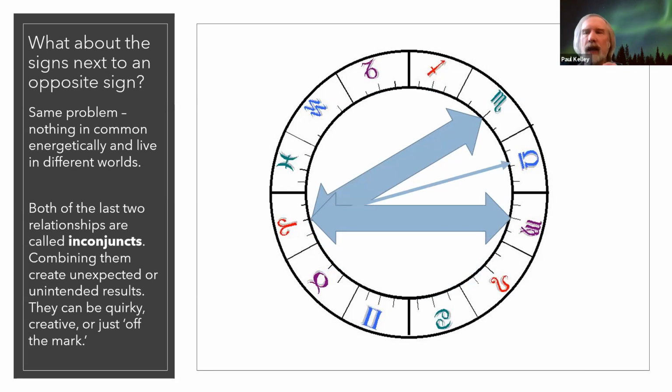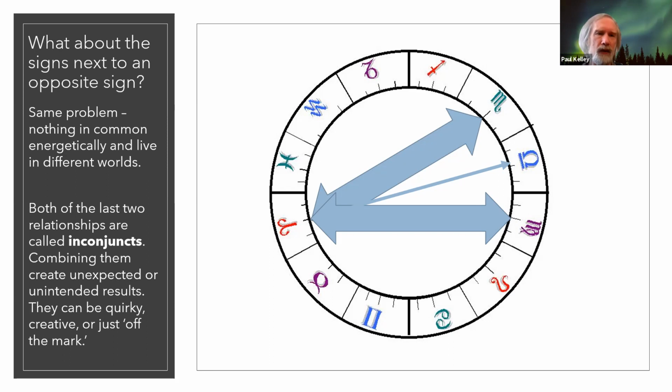Combining them, now they do have a relationship, but the nature of the relationship is that there's nothing in common energetically. So it often expresses itself as a kind of quirkiness or an unexpected, unintended outcome when one sign tries to hook up with another. You start out in one direction, but you end up in another place than you thought you were going to.